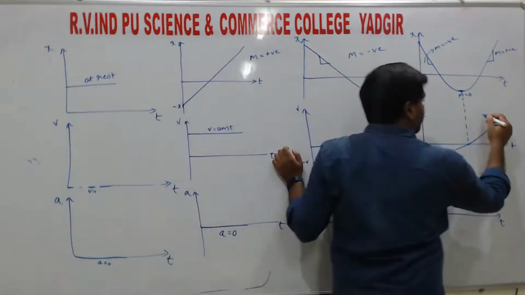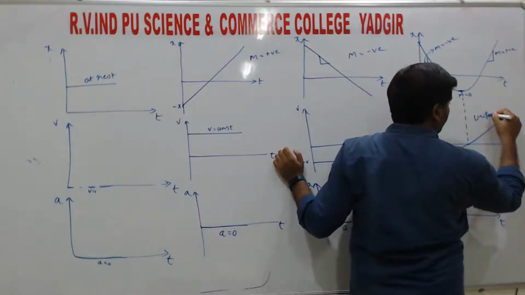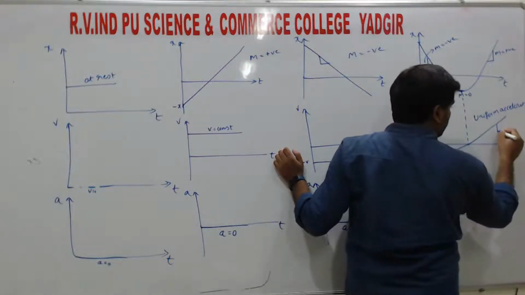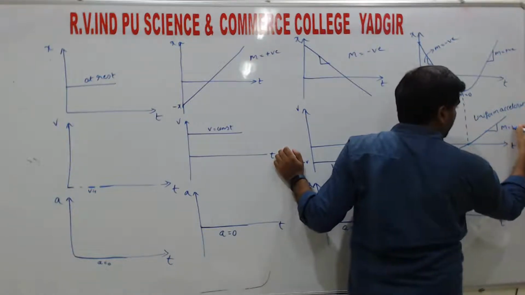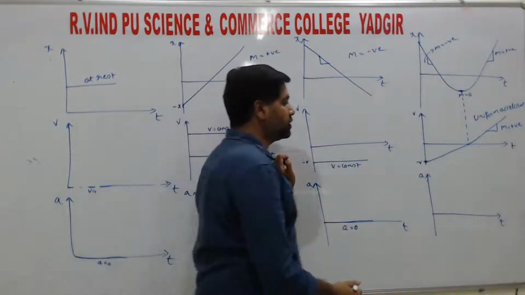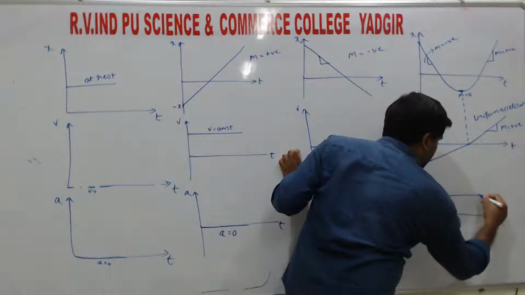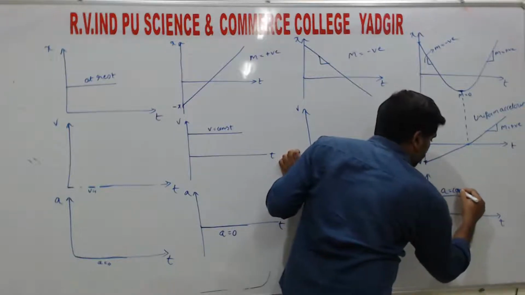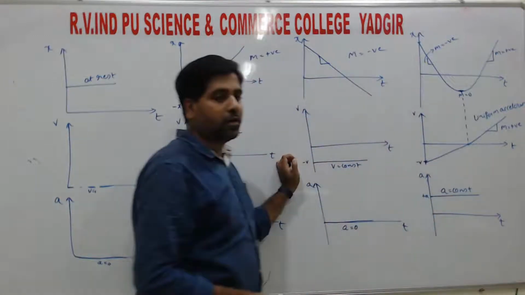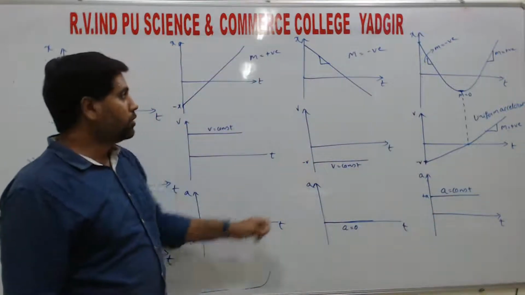So this curve represents uniform acceleration, because if you plot the slope here, we get m is positive. So m is positive is nothing but acceleration. That is, the object is moving with uniform acceleration. That is, a is constant, so its value is positive. So hence we plot in the first quadrant, right? So these are the conversions.